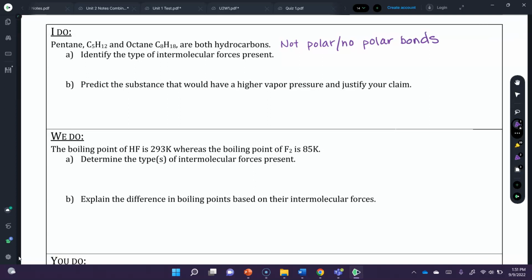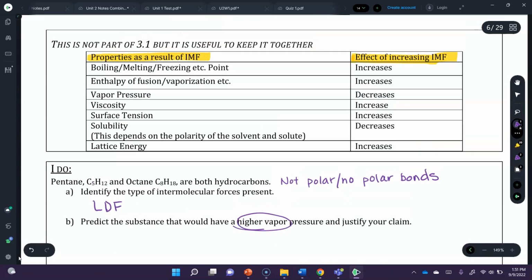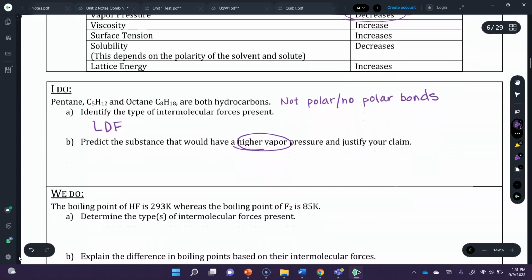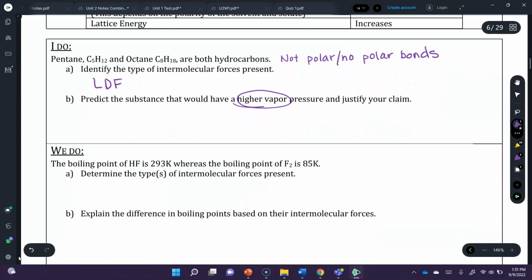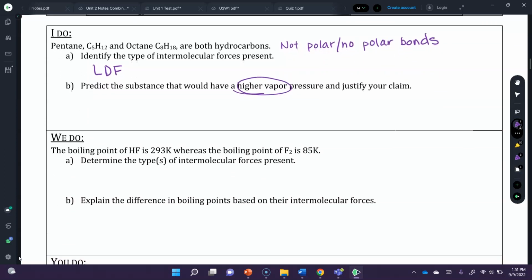The type of intermolecular force present then is just London dispersion forces. Now we want to predict the higher vapor pressure. So if we look up here, vapor pressure, if we increase the intermolecular force, we decrease vapor pressure. So we want the one that would have lower intermolecular force because then it would have higher vapor pressure.